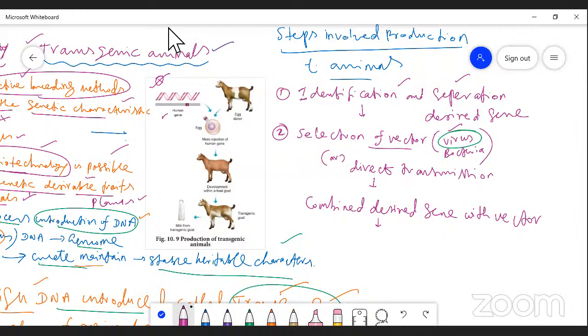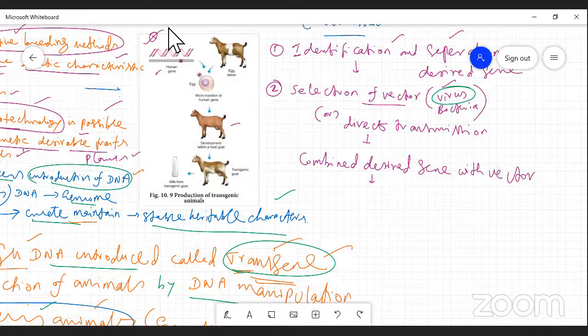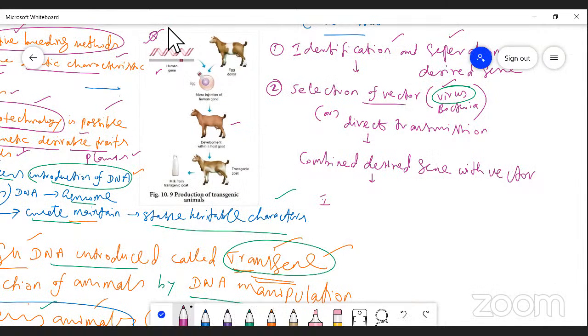Introduction of the transport vector into the cells, either cells or tissues or embryo.